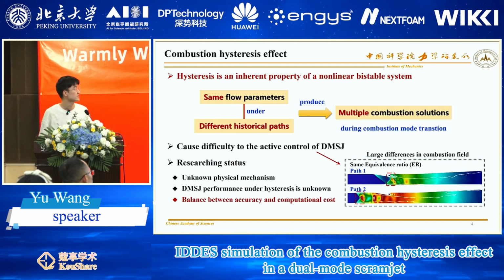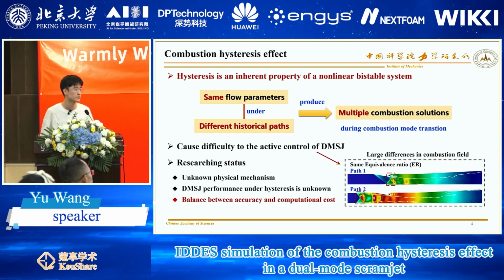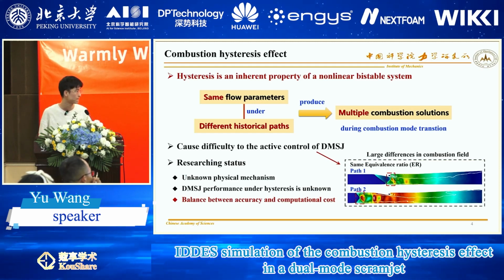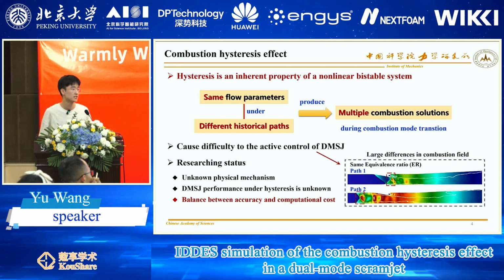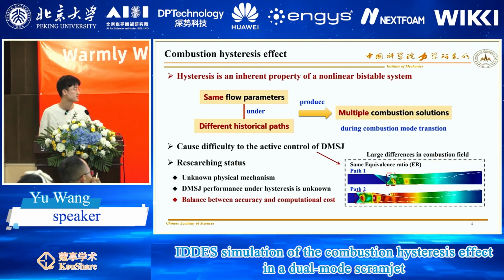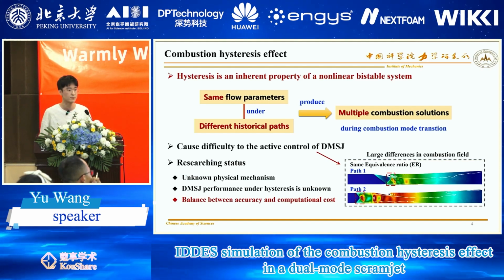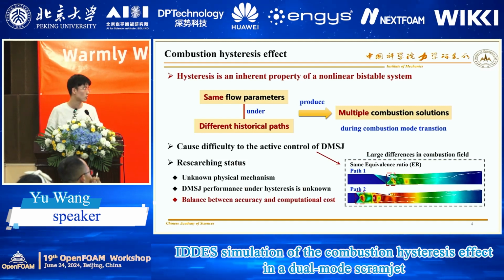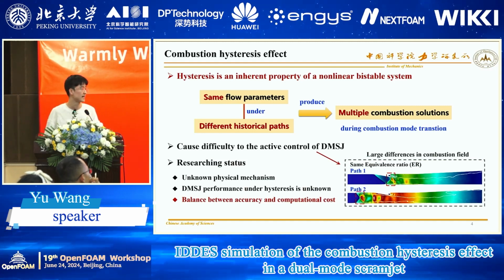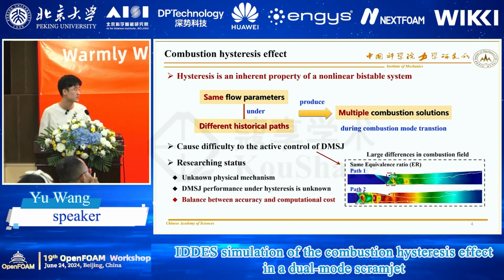It is certain that this hysteresis will cause difficulty to the active control of the DMSJ. However, currently, the mechanism of the combustion hysteresis is unknown, and its effect on the DMSJ performance is also unclear. Additionally, the massive computational cost for hysteresis raises higher requirements for the application of physical models.